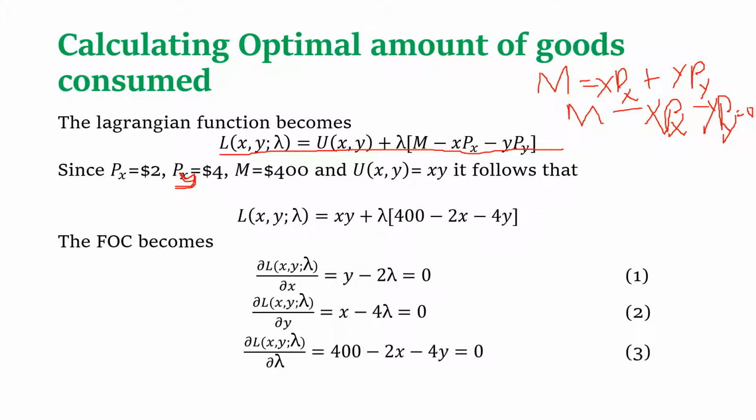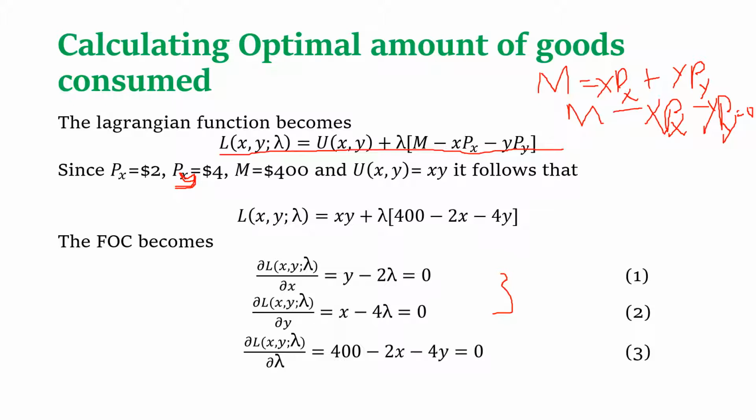And then the Lagrangian with respect to lambda is 400 minus 2x minus 4y equals 0. So these are the equations. What we're going to do is take these two equations first and solve them, and then we'll plug the answer into this third equation.